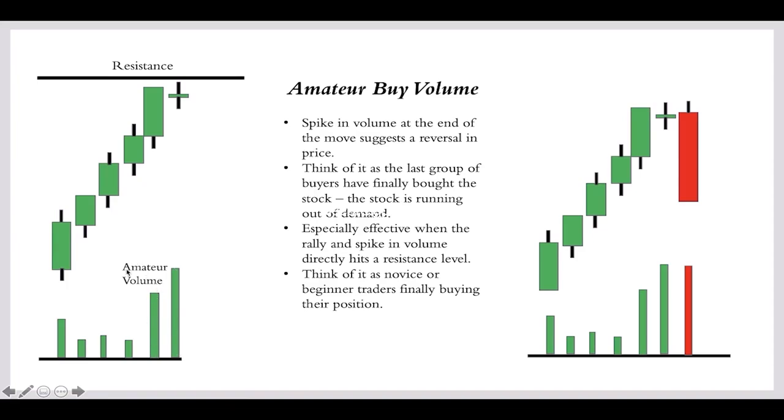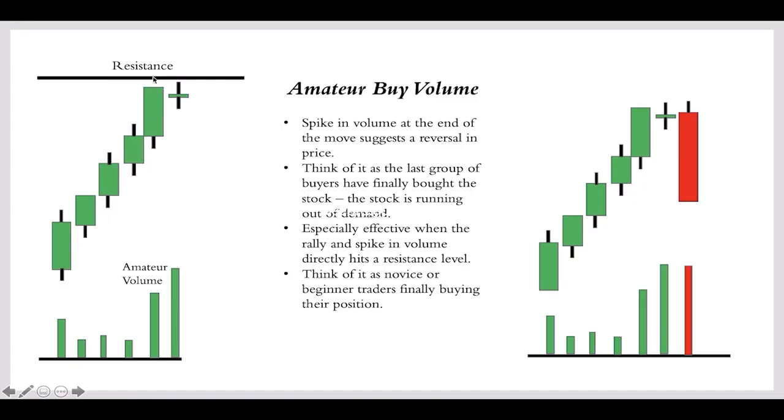And the reason we call it amateur volume, specifically amateur buy volume, is because what do the novice traders want to do, right? They hate missing out on moves. When they see a stock or a crypto go up 1, 2, 3, 4 green bars in a row, they're like, oh my God, I don't want to miss out on this rally. This stock or crypto is going to continue higher. I don't want to miss out.